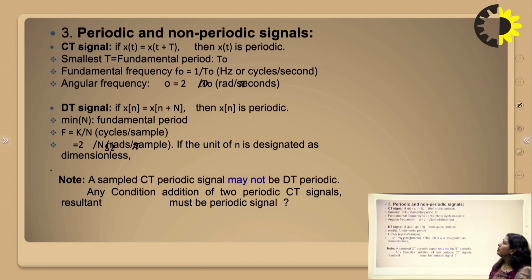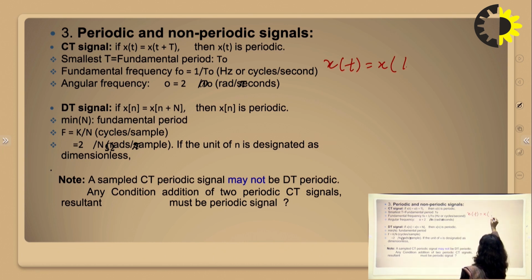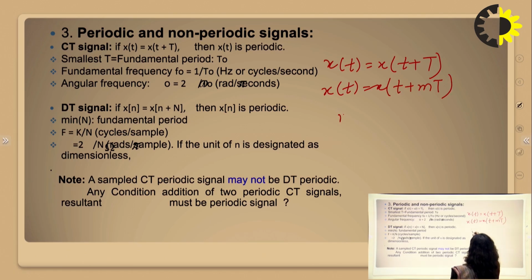Next category is periodic and non-periodic signals. Periodic signals are those signals which repeat themselves after a certain period of time, and this period is known as the fundamental period. Here we can write an expression: x(t) is equivalent to x(t plus T), where you can also write x(t) is equivalent to x(t plus m T), where m is equivalent to 1, 2, 3 and so on, integer values.